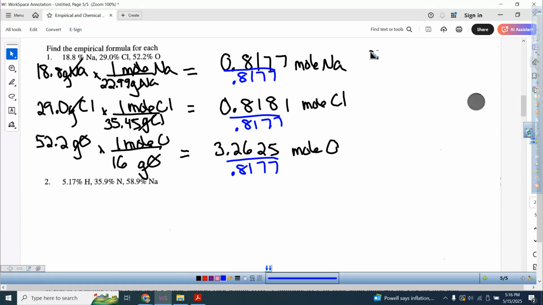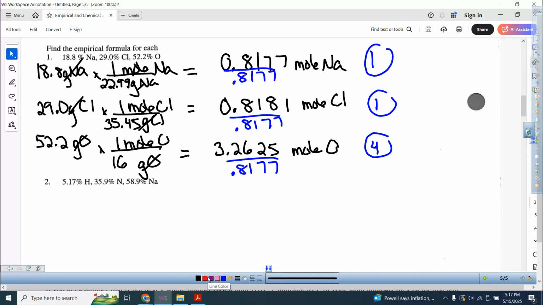So when I divide this, I get exactly 1. And then for the chlorine, I get 1.0004, so we can go ahead and round that to 1. And for the oxygen, I get 3.9898, which rounds to 4.